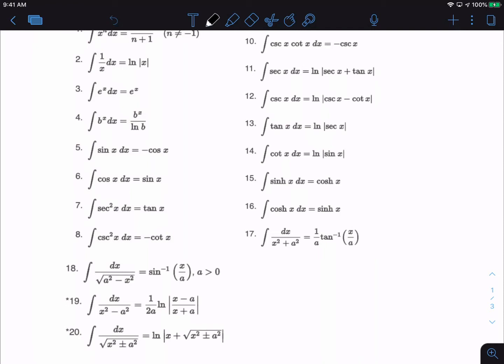If you're just trying to get things done, you can use these references, but make sure you know how to do them by showing the steps. Because maybe I'll give you one of these and say, all right, this is the answer, now prove it to me by demonstrating the work. Does that make sense?